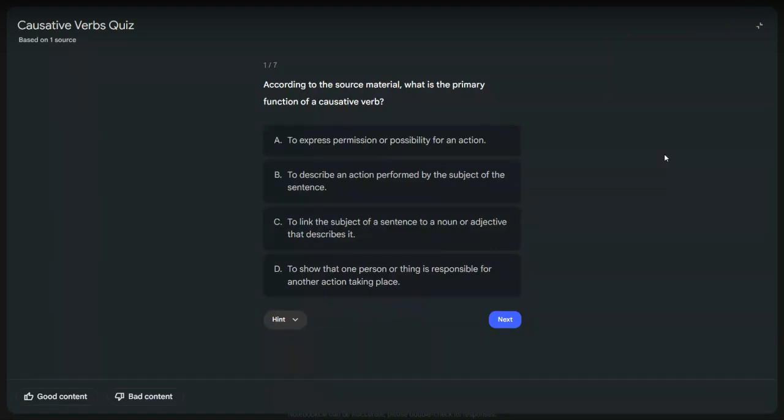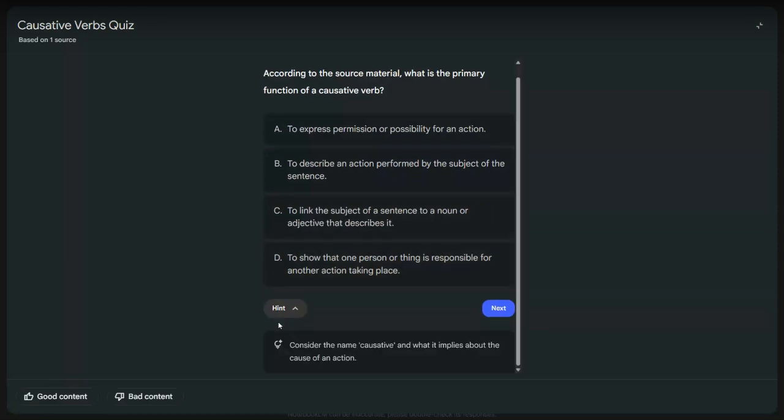The first quiz: according to the source material, what is the primary function of a causative verb? Can anyone tell? Options: to express permission or possibility; to describe the action performed by; to link the subject of a sentence to a noun; to show the one person or thing responsible for another action taking place.